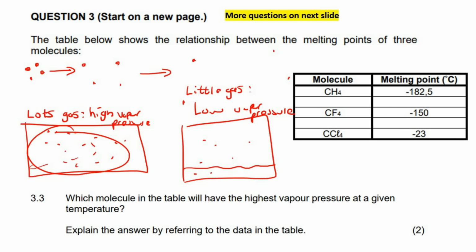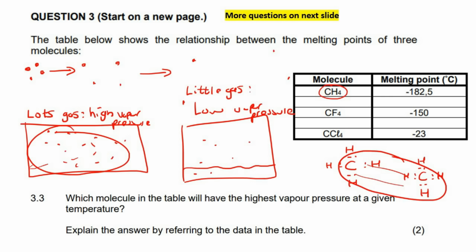So which ones are going to be easier to pull away from each other? Because remember, if you have two CH4s next to each other, we said that because there are not that many electrons, the temporary London forces are not going to be that many. So to be able to separate this is not going to be very difficult.